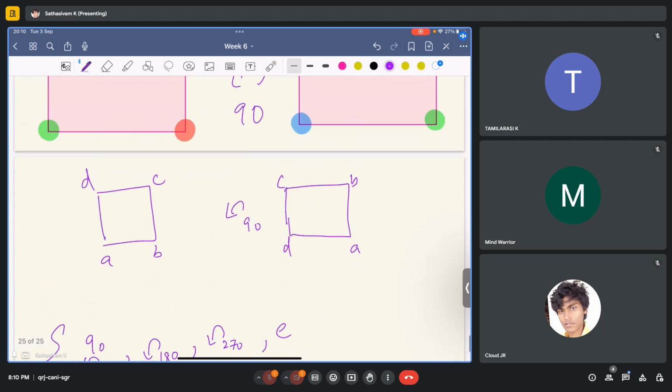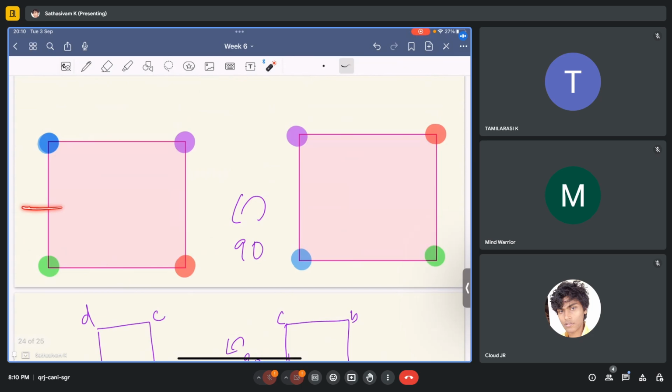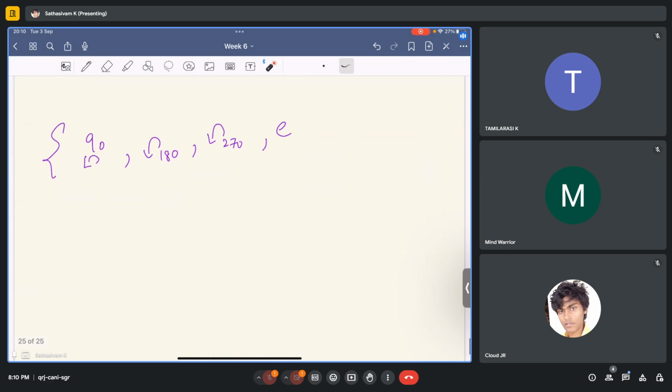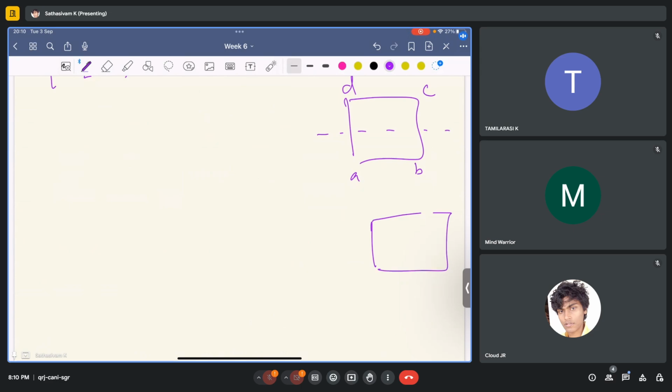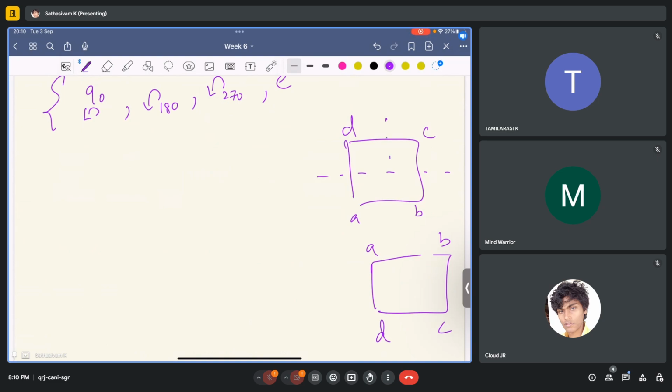Another thing you can do is you can flip around this axis. Let's say you have A B C D here, and you flip it around this axis, what you have is the following: you have D C A B. And you can flip around this axis, and this axis, and this axis.